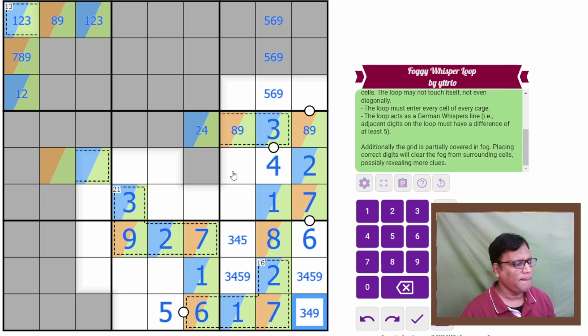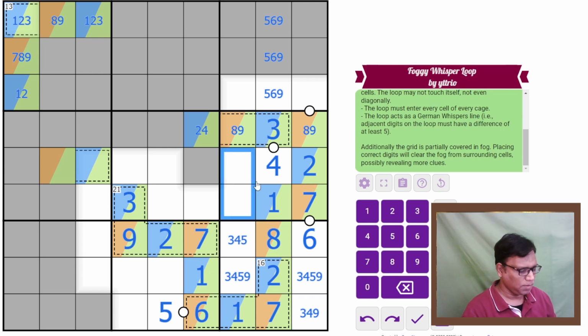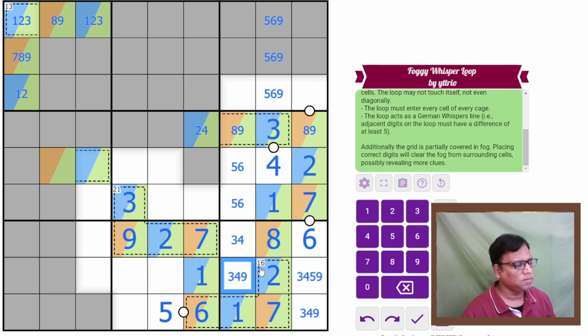What next? Oh, these 2 digits, right? Those are already 8, 9, this must be 5 digits. So those are not 5, that's not 5. 5 is one of these, right? So where is 5 now? That's 5. 3, 4, 3, 4, 9, 3, 4, 9. 8, 9, 2, 4.